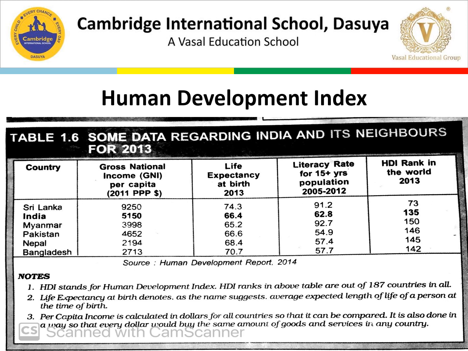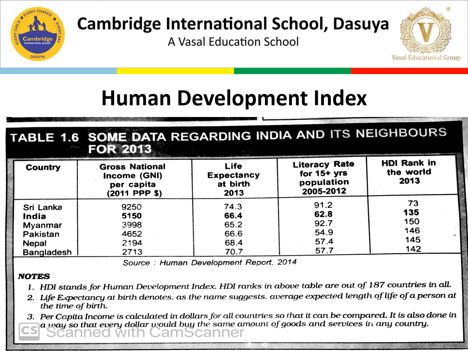Sri Lanka is not a very big country, but a small country, but it is doing better as compared to India in terms of life expectancy and literacy rate. Even the national income of Sri Lanka is better. So that is why Sri Lanka has a better HDI ranking as compared to India.